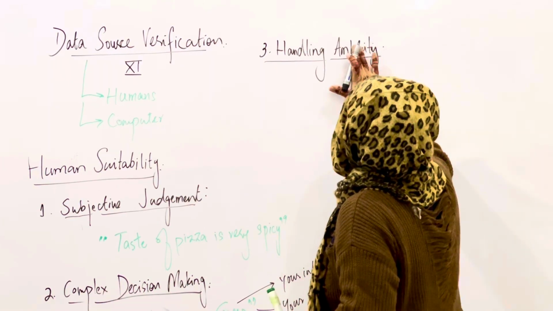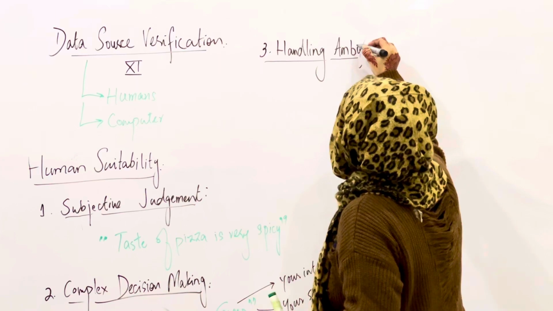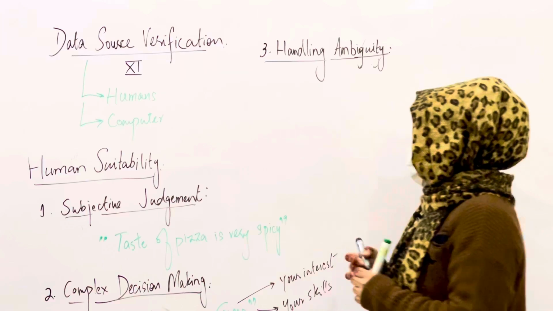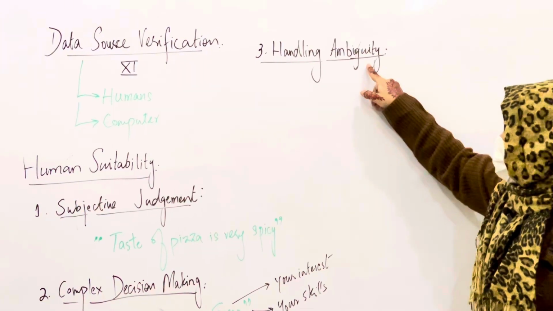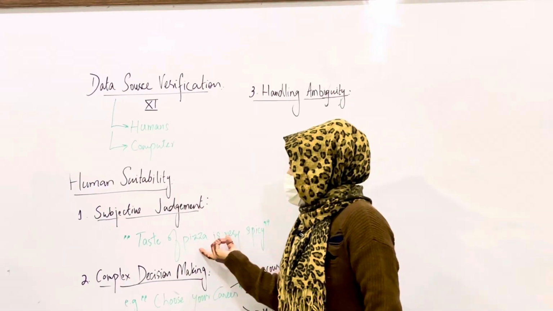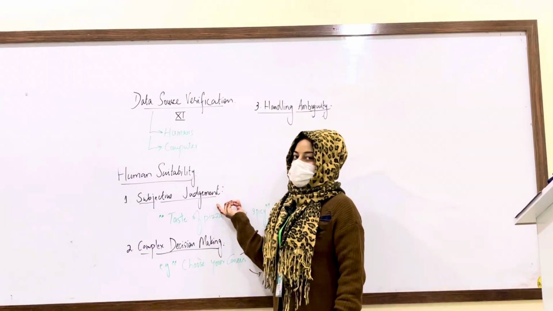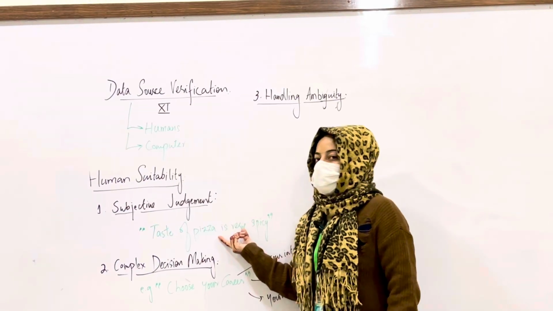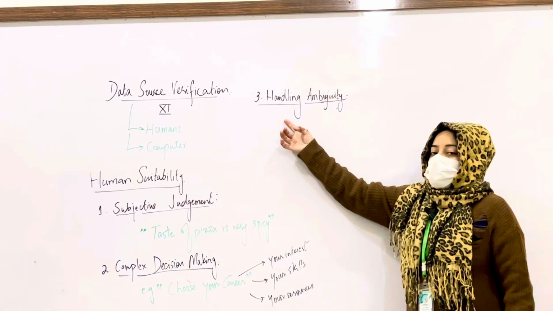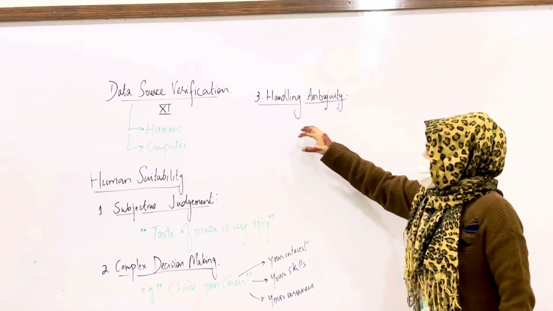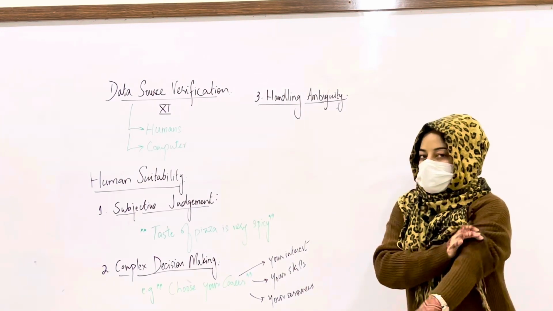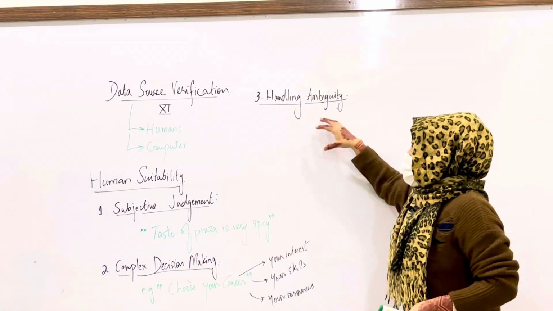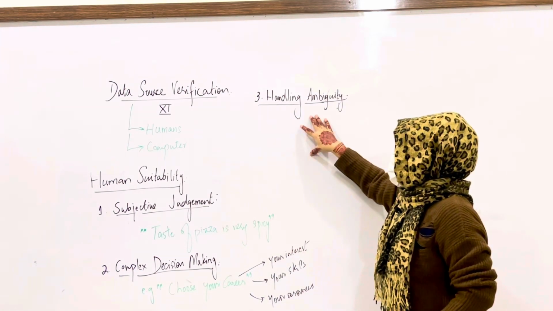Handling ambiguity also deals with perspective, the same as your subjective judgment, in which you yourself are using your own understanding and your interpretation to understand what the information is about, what information is missing from it, what positive aspect that information is giving, or what negative aspect that information is giving.